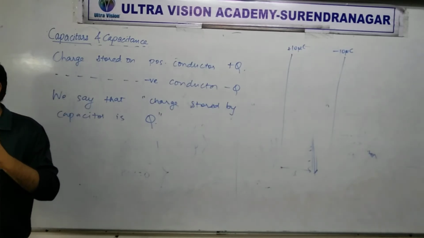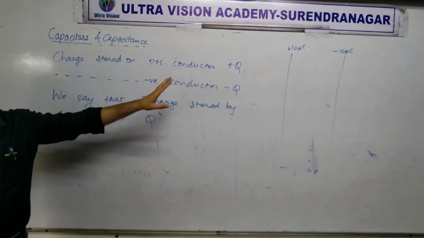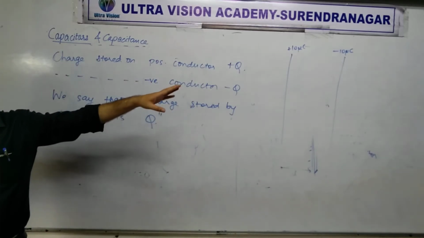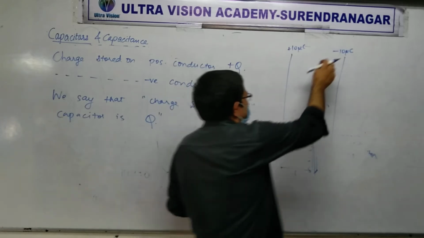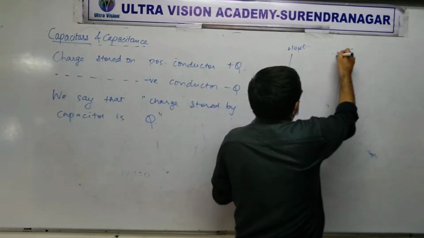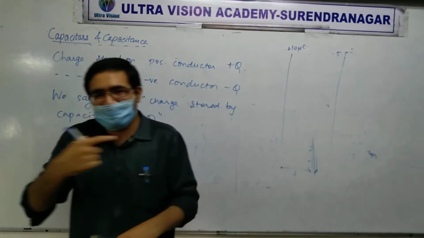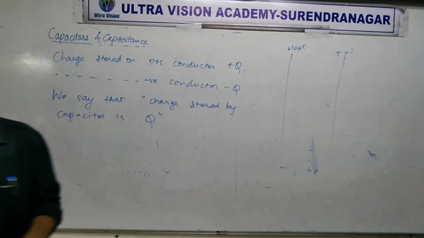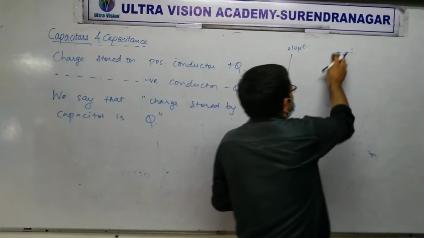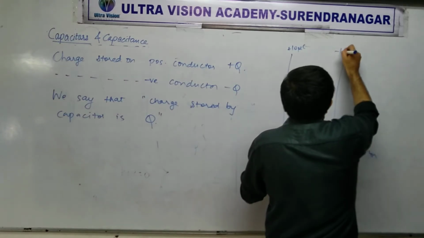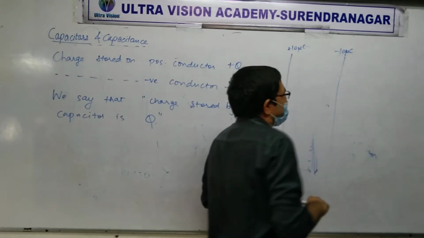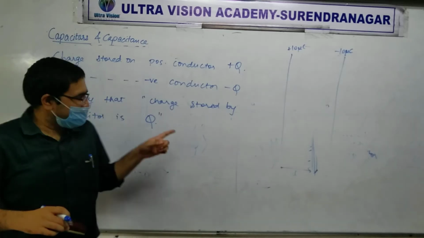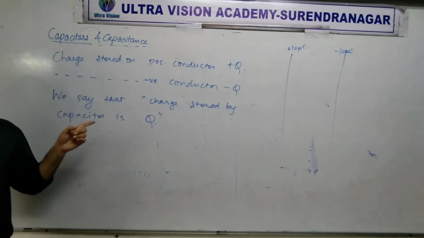Don't say 0 every time. This is not an exception. It is never possible that one side is plus 10 and the other side is minus 5. That's what we have proven. They are always equal in magnitude and opposite in polarity. So if someone asks you to find the charge stored on a capacitor, don't say 0.